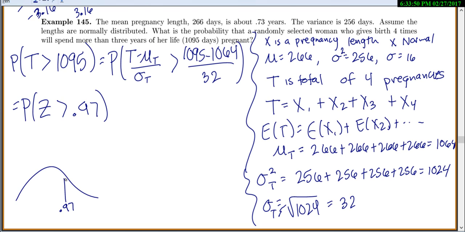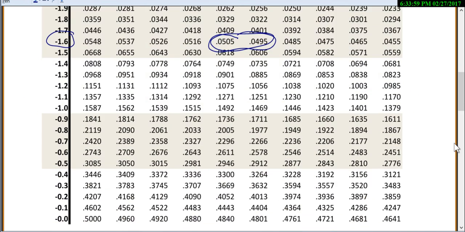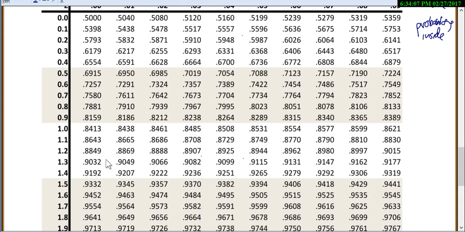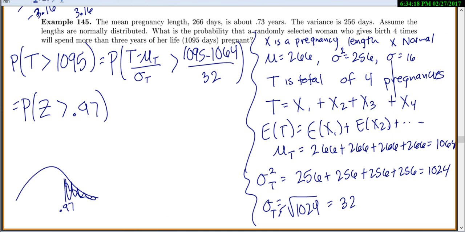So here's my 0.97, and I want the area to the right. But if I look up 0.97 on my table, so that's the probability, so I'm looking for 0.97. Oh, no, that's not the probability, that's the Z value. Z is 0.97. Looks like the area to the left, or probability to the left, is 0.834.